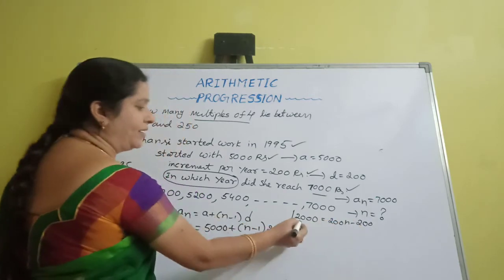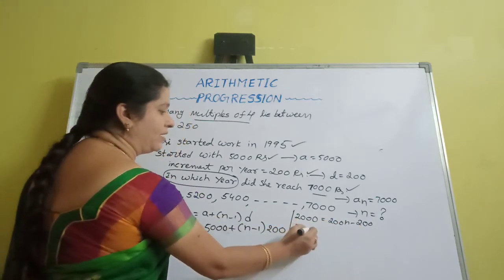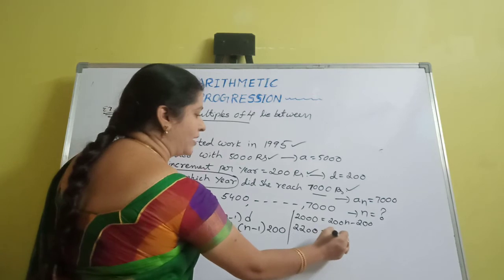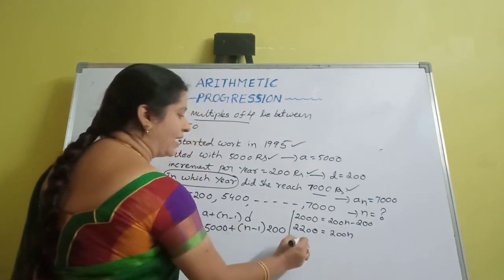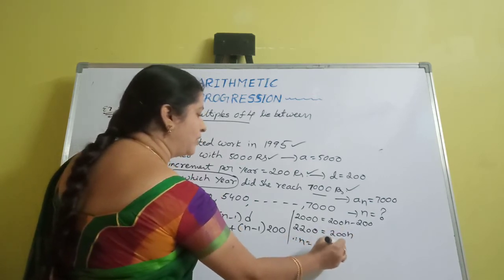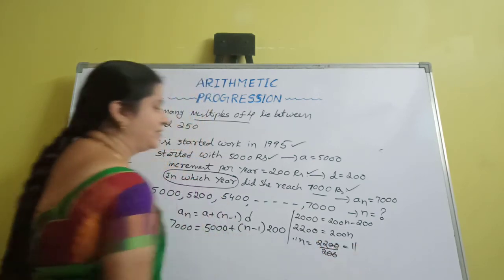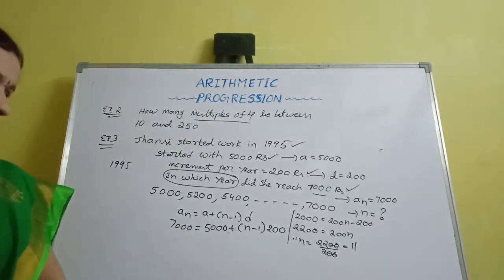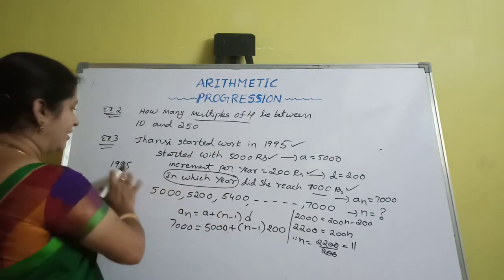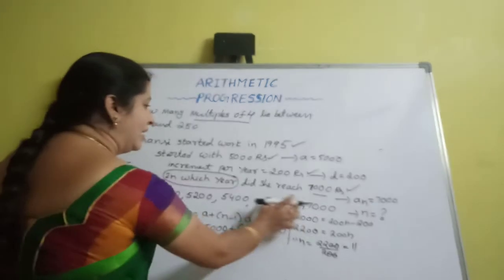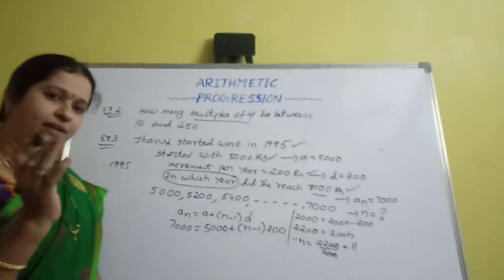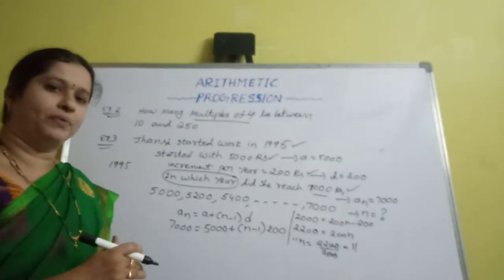So minus 200 here, plus 200: 2,200 equal to 200n. Therefore n equals 2,200 by 200, so 11 years. So 11 terms are there in this series, starting with 1995. After 11 years she reached 7,000 rupees.